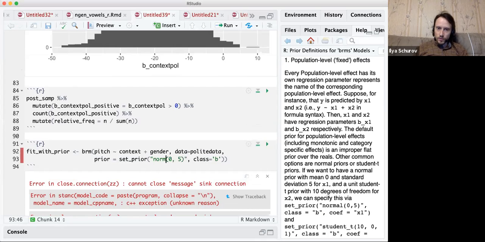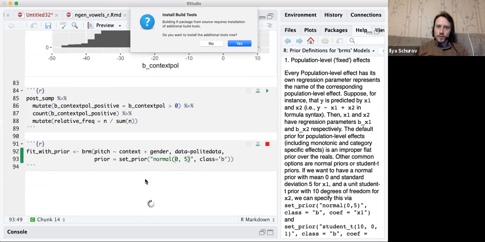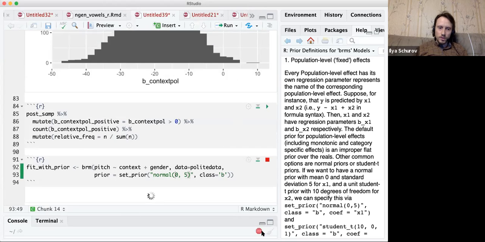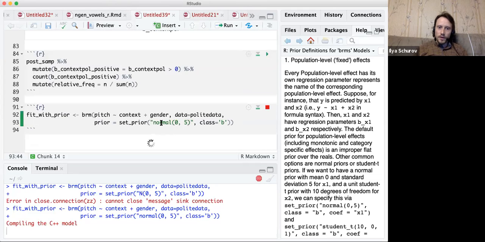It should be normal, not just n. Okay, now it works. No? Building our package. I don't want to build our package. Why does it ask me to build something? Okay, I hope it will work now.